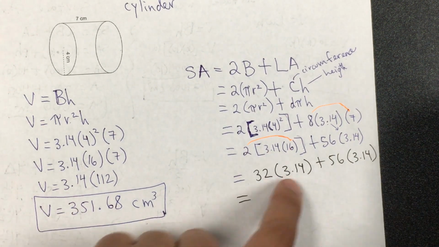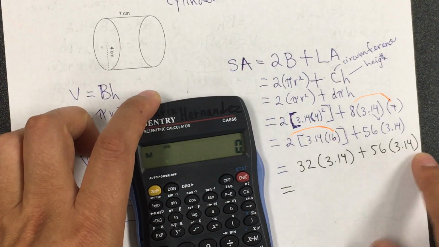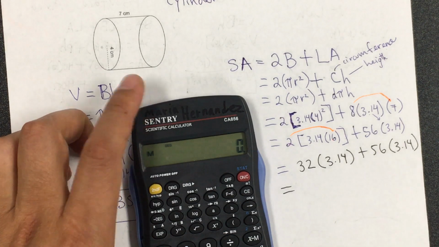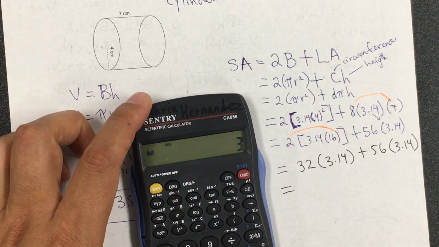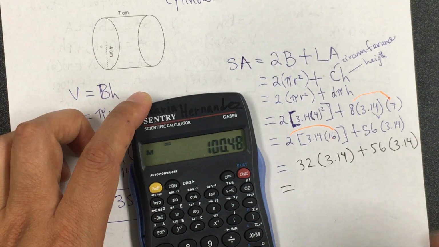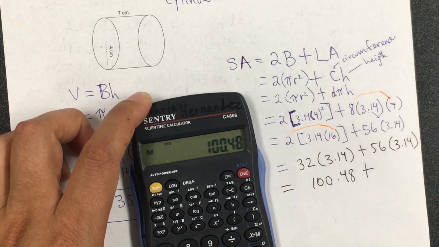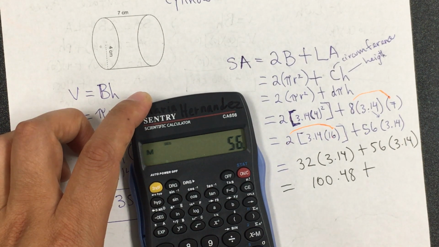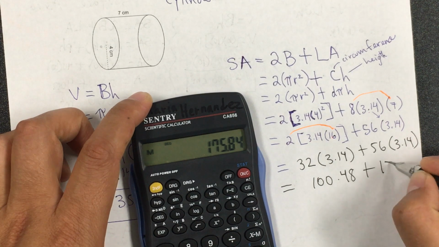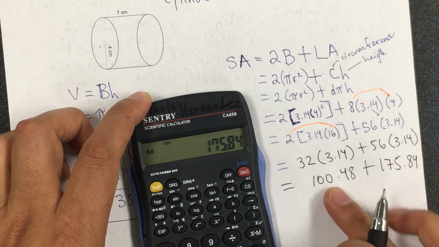Now I can multiply each one, or I can just put everything in the calculator, but I'm going to multiply each one first and the addition last. So 32 times 3.14 gives me 100.48, plus 56 times 3.14 equals 175.84, and I add that plus that.